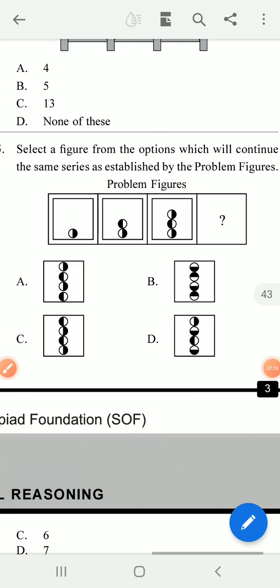Select a figure from the options which will continue the same series as established by the problem figure.